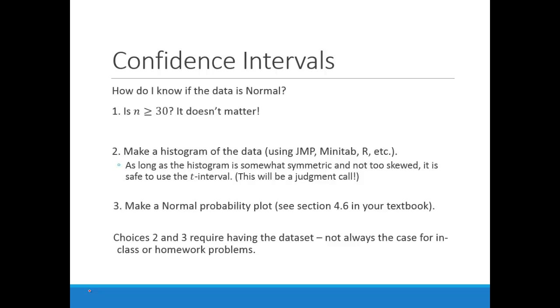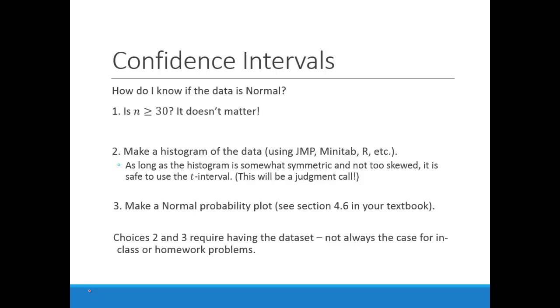If your sample size happens to be less than 30, and we'll look at some examples of this, then you sort of need to look at the data. You can make a histogram, which I'll demonstrate later in an example, using your favorite statistical analysis software; we'll use JMP in this class.